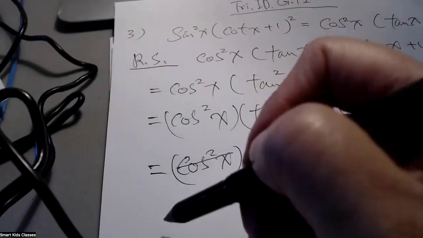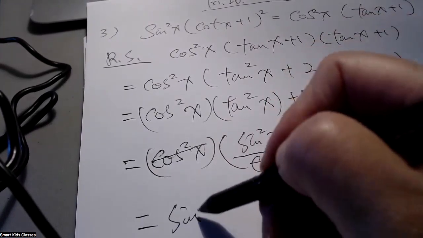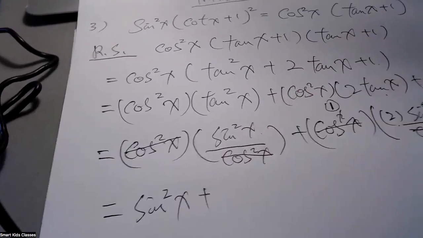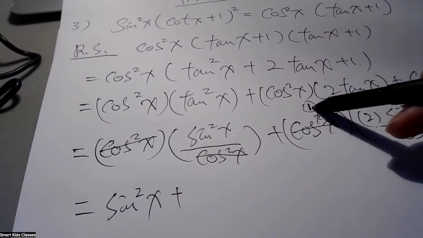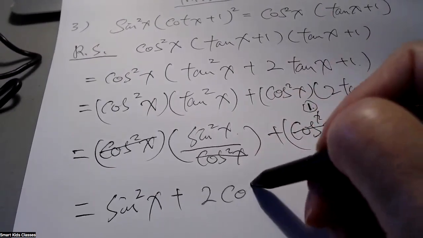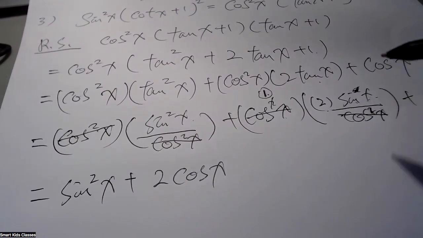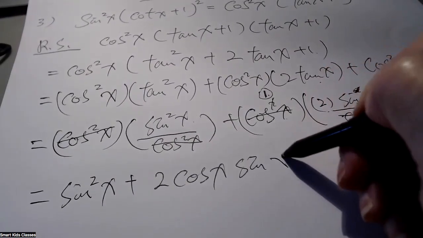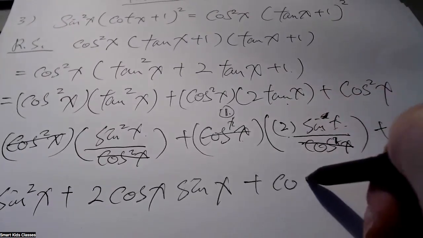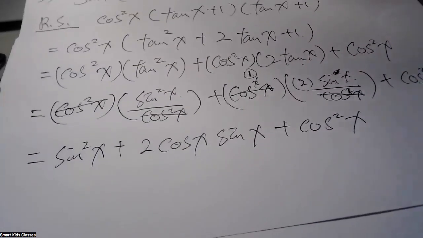We're going to write, we have a sine square x left in the first term. Addition. So we have a cos x left. So we have a 2. We put the number in front. Cosine x. And how about one term here? Sine x. And copy the last term. Now you're going to find they all fit the formula.